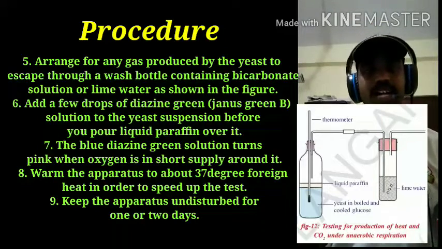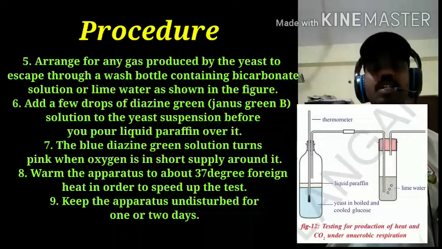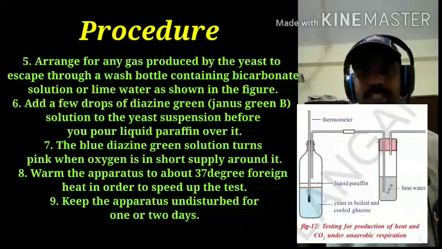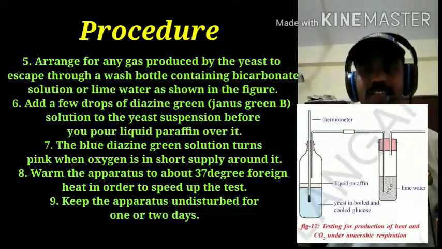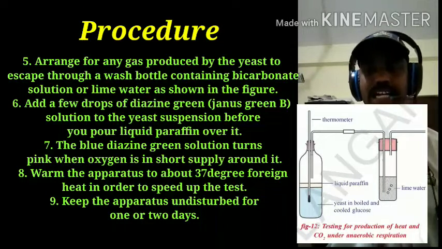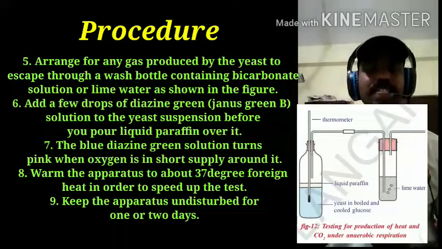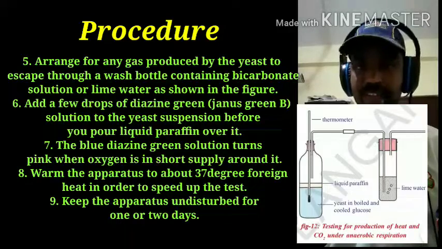After removing oxygen, add yeast cells and attach the 2-hole rubber cork to the flask. The supply of oxygen from the outside atmosphere is to be cut off by pouring a 1 centimeter layer of liquid paraffin wax.